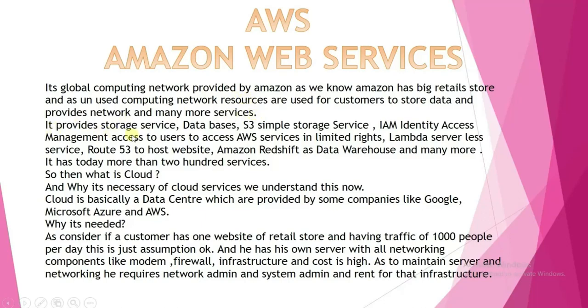It provides storage services and databases. S3, that is Simple Storage Service. IAM, Identity and Access Management, gives users access to AWS services with limited rights. Lambda, a serverless service. Route 53 to host websites. Amazon Redshift as a data warehouse, to perform ETL testing by using the Python plugin called PySpark.